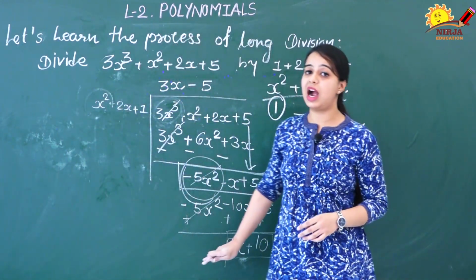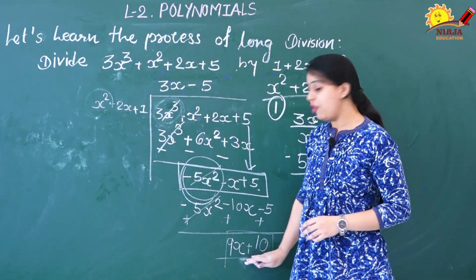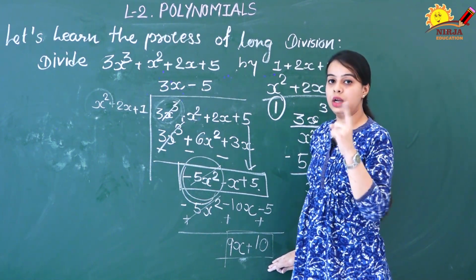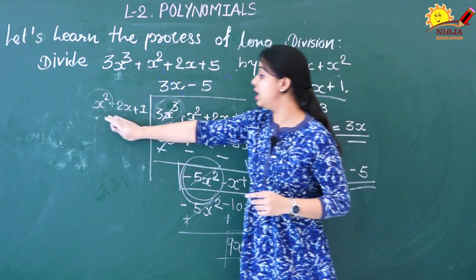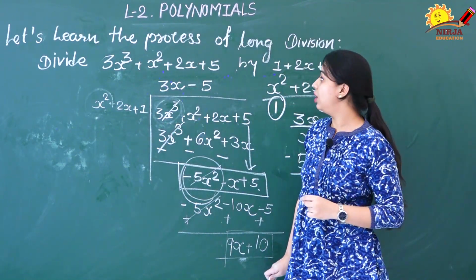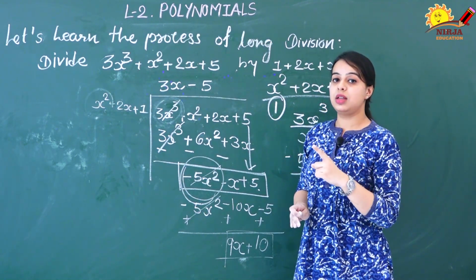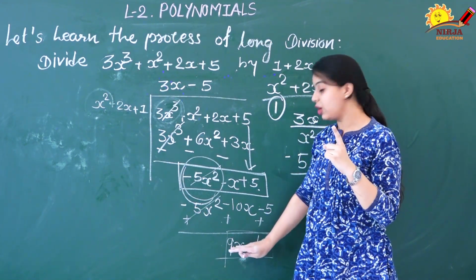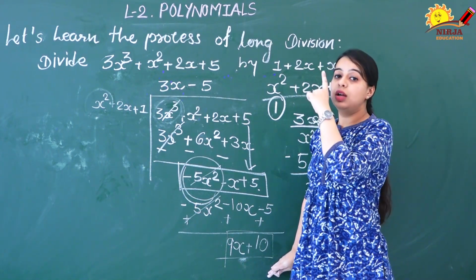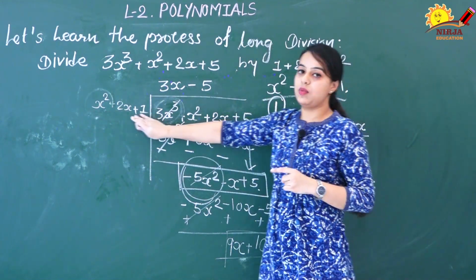But now we can't proceed further. Why? If you have noticed, the degree of our remainder polynomial is 1, and what is the degree of the divisor? It is 2. In the division algorithm for polynomials, we have seen that r of x, the polynomial we get as remainder, will be 0 or the degree of it will be less than the degree of the divisor.